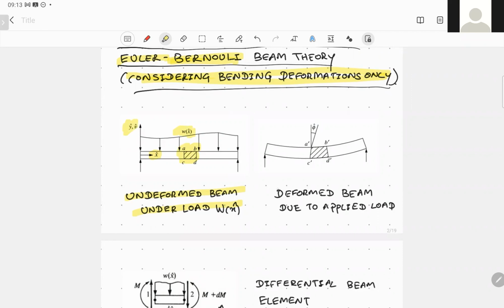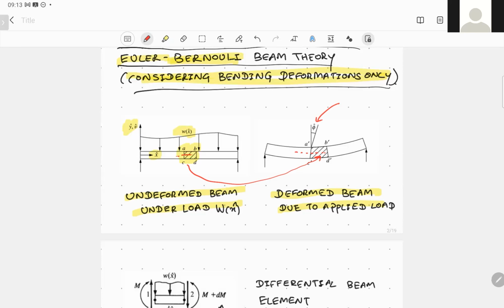Once this beam gets deformed, this elemental part will also get deformed. You can see that when the elemental part gets deformed, the principal axis along the length of the bar will also rotate. In this case, let's assume that it has rotated this plane. So I have drawn a perpendicular plane.